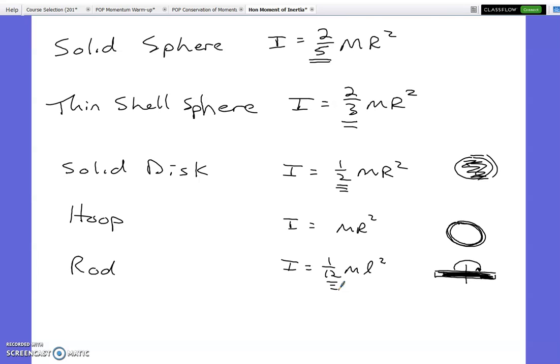But if you try and spin it instead at one end like a baseball bat, even though it's the same meter stick, now the moment of inertia is 1/3 the mass times the length squared. It's much more difficult to spin something from one end than to spin it from the center. That's because more of the mass is located further away. The further away the mass is located, the more difficult it is to rotate the object.